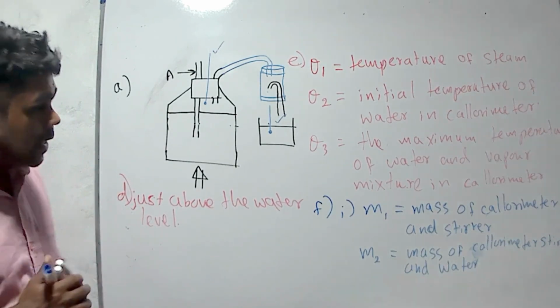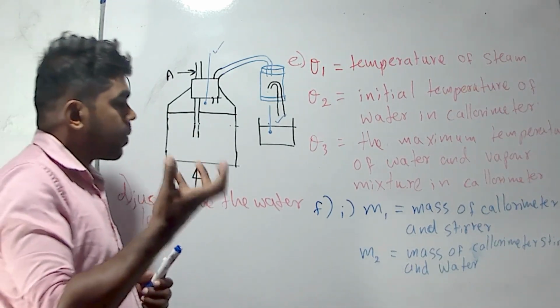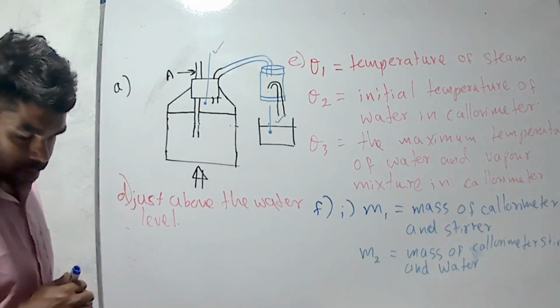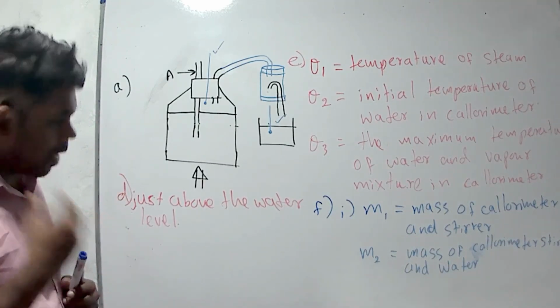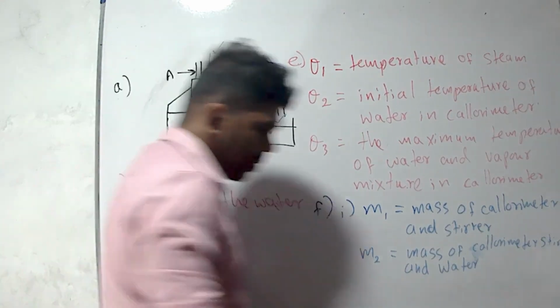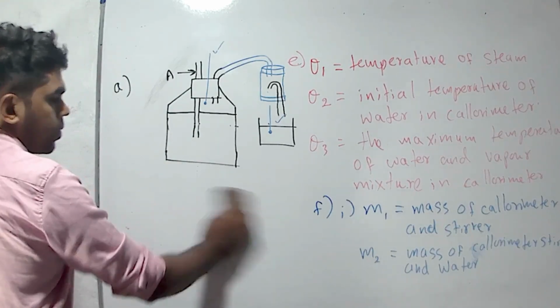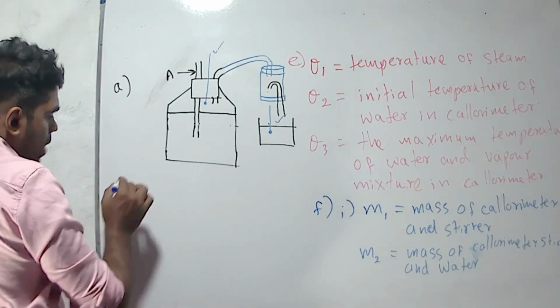Then the third reading, the mass of the system after mixing vapor. Then we can write the answer for the third mass measurement.